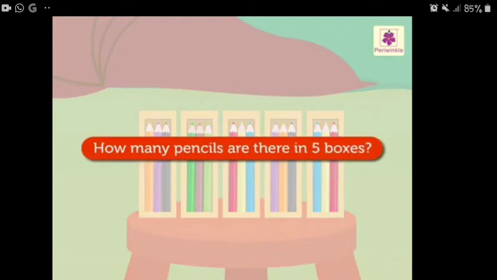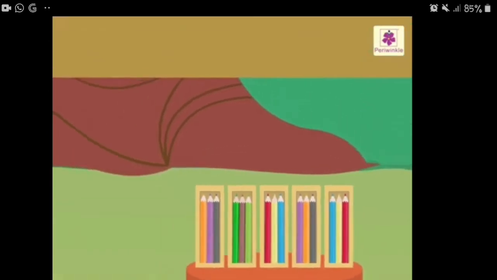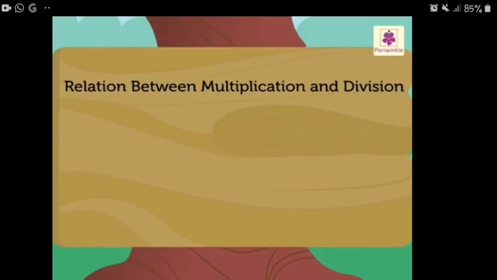In all, how many pencils are there in 5 boxes? To get the product, we multiply the numbers 5 and 3. 5 into 3 is equal to 15.